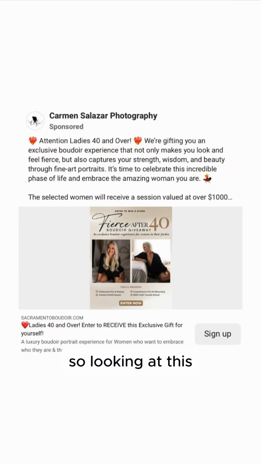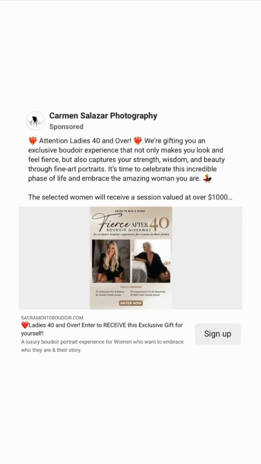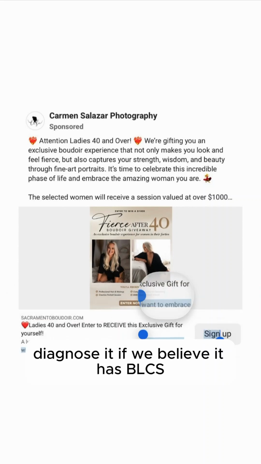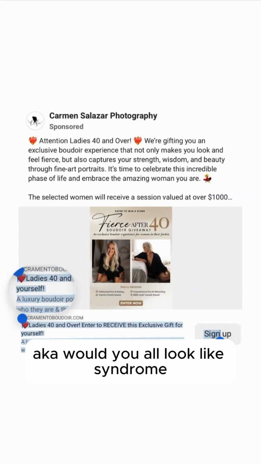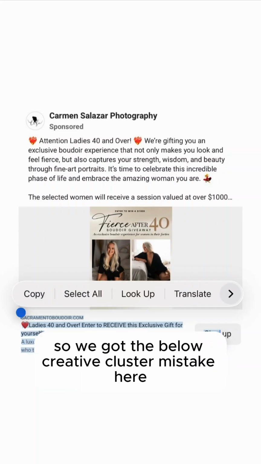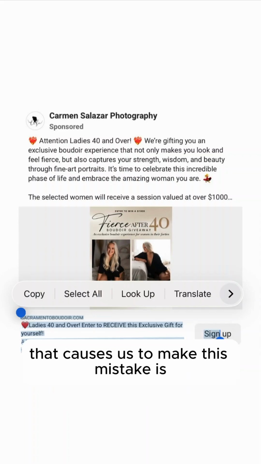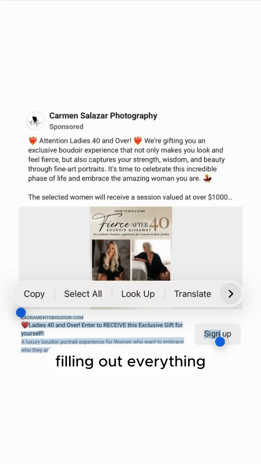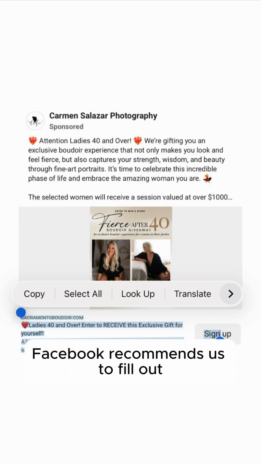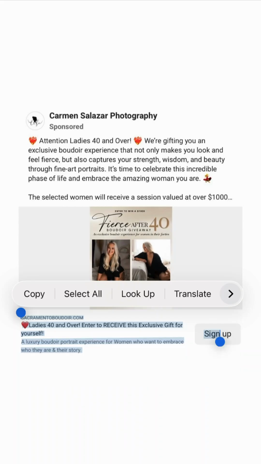So looking at this, we're actually going to diagnose it, see if we believe it has BLCS, aka Boudoir low click syndrome. So I'm looking down here. So we got the below creative cluster mistake here. The false belief that causes us to make this mistake is filling out everything Facebook recommends us to fill out when creating our Boudoir Facebook ads.